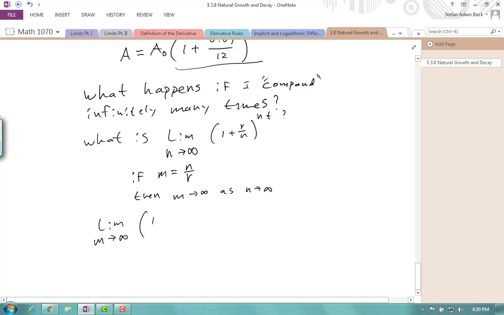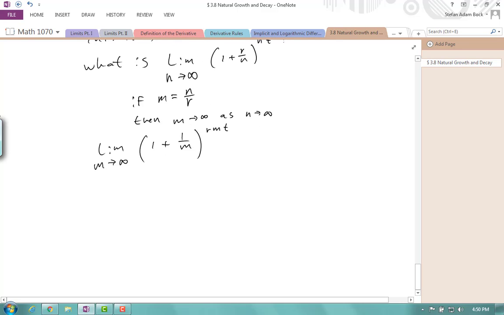I'll have 1 plus 1 over m times rmt, because m is equal to n divided by r, that means n is equal to r times m. Or if I rewrite this again, I have the limit as m goes to infinity of 1 plus 1 over m to the m power, all of that raised to the rt.